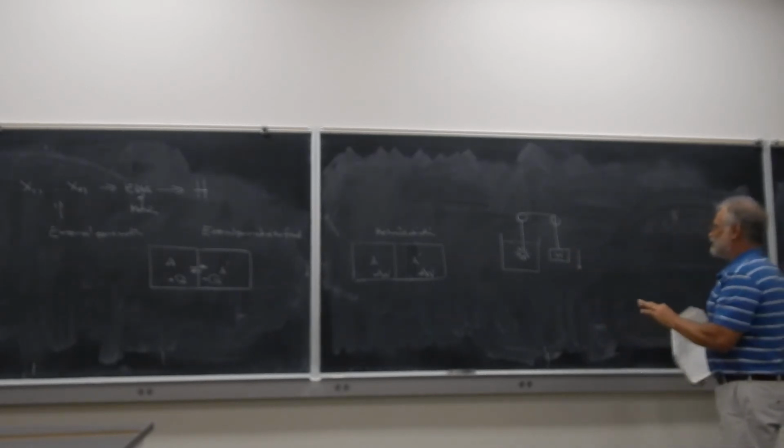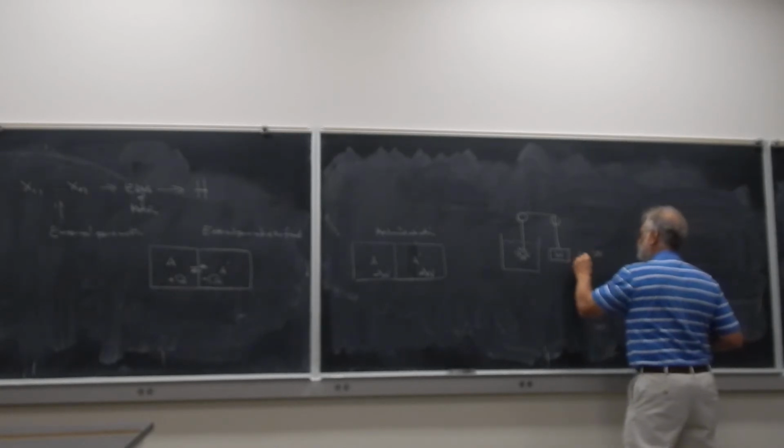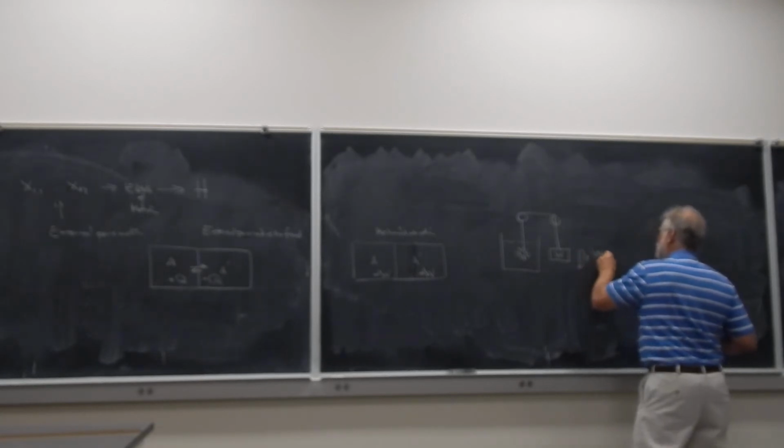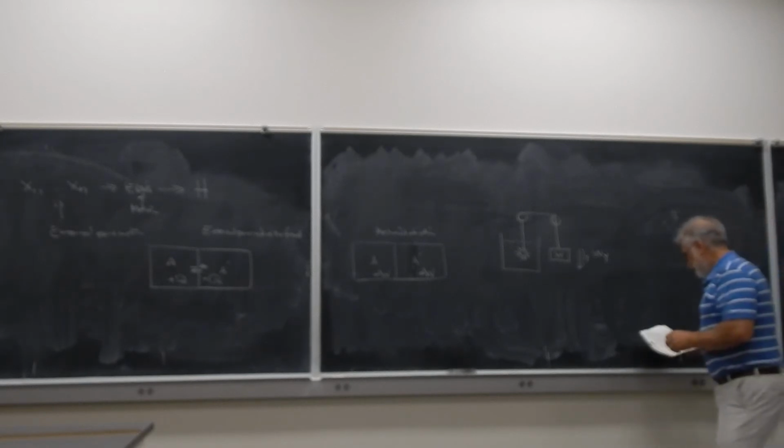the potential energy of that system will change by the weight. Suppose it falls some distance y. The potential energy change would be W times y.